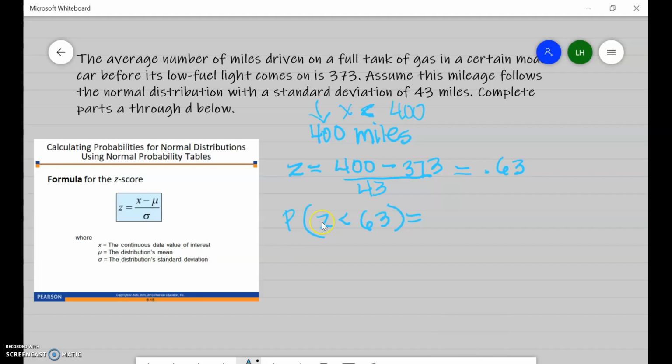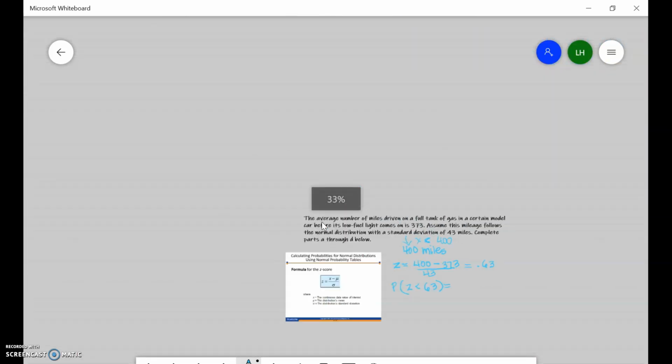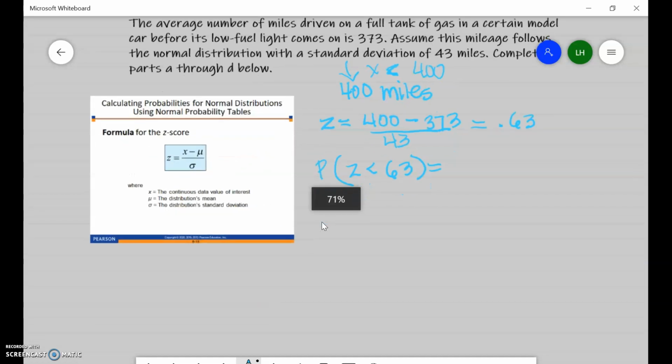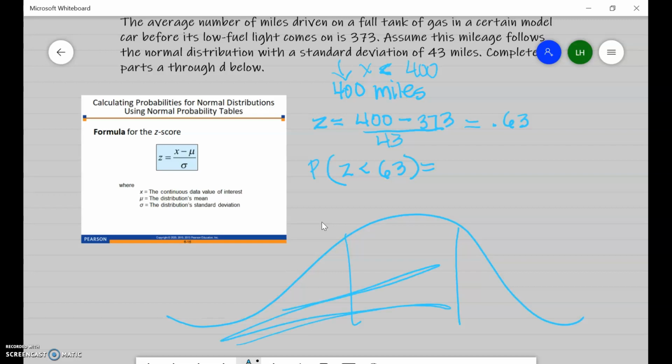And we talked about that in an earlier video about how if you want to know in between, you find the area of the larger, and then to find the area of the smaller, you're going to subtract it out so it ends up being in between. So let's look at it.